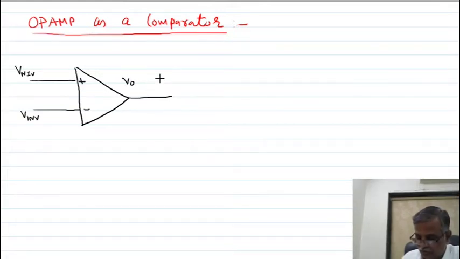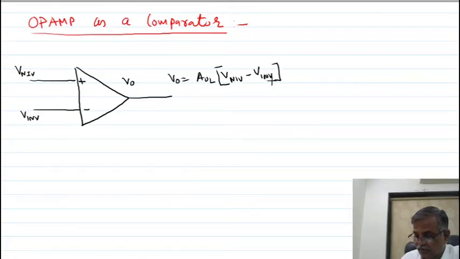Remember, the most important thing: the output is nothing but the open loop gain multiplied by the difference of the input signals, V non-inverting minus V inverting. Or you can write VO is equal to open loop gain times (V plus minus V minus).